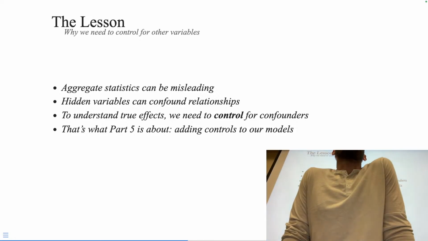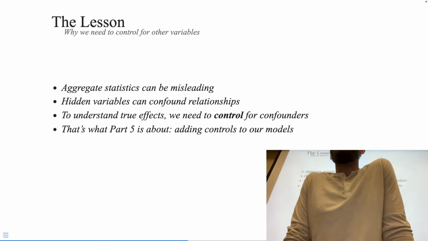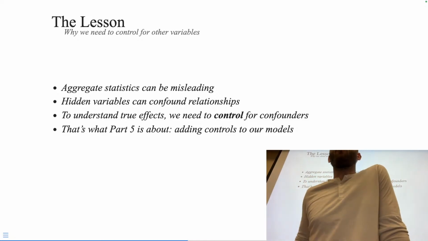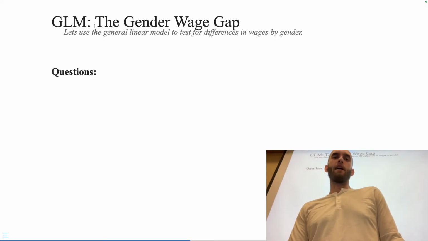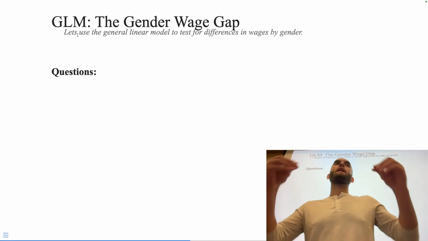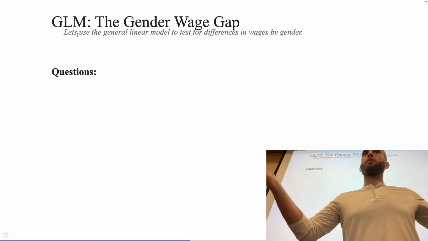So this is a real banger. We're actually getting our hands on census record data, and we're going to perform some estimations. I have data from the census records, and we're going to test for the presence of a gender wage gap. This is something we can naturally do using the general linear model.